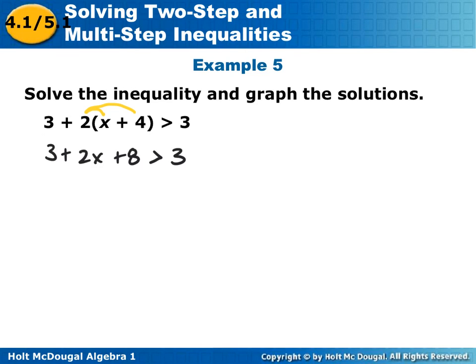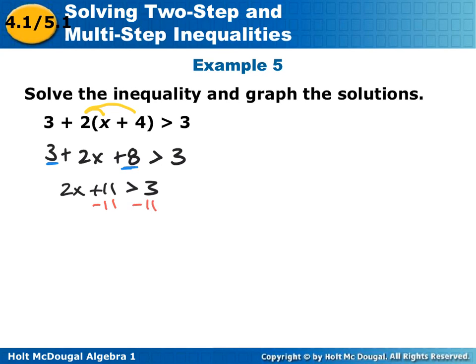Okay? Then it's remembering, hey, when we go to simplify here, these items are on the same side of the inequality, so we just combine them together. So that means we would end up with 2x plus 11 is greater than 3. And at that point, it's like the other examples we have seen.